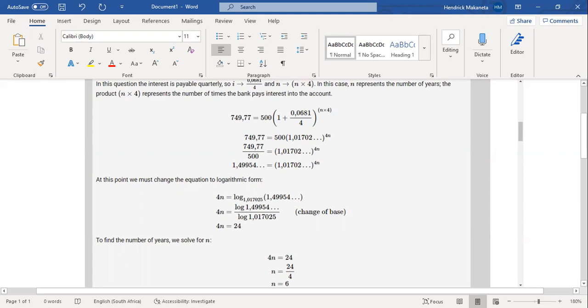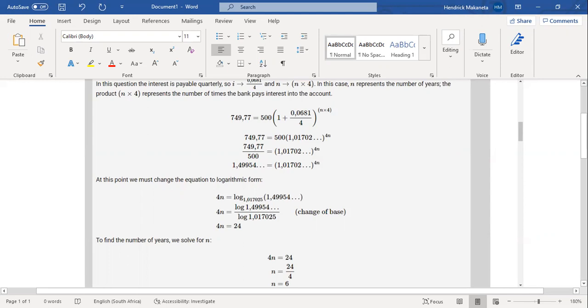Remember that whatever you do on the left-hand side should also be done on the right-hand side. So we divide both sides by 4, and therefore 24 divided by 4 gives you 6. So the value of n is going to be 6.